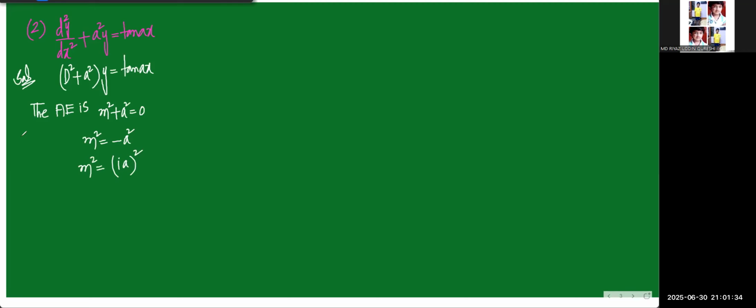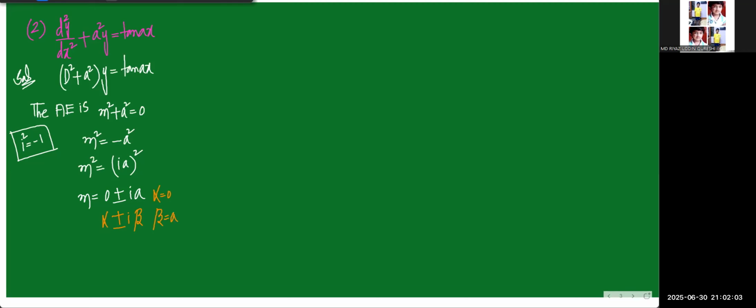We already know that i square value is minus 1 in intermediate second year complex numbers. m is equals to plus or minus ai, and let us compare this one with this form, alpha plus or minus i beta form. So clearly we say that our alpha value is 0, our beta value is a.